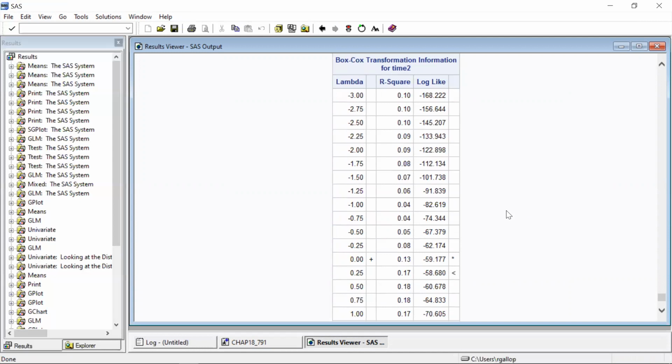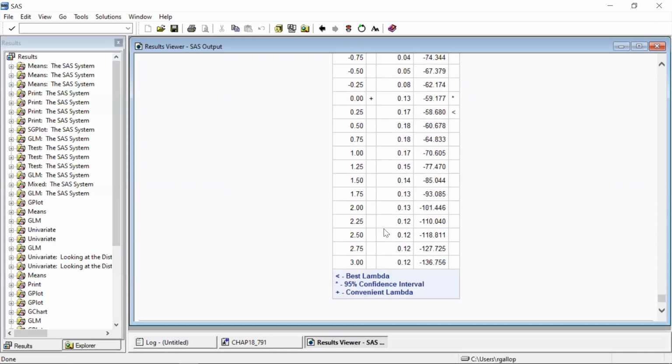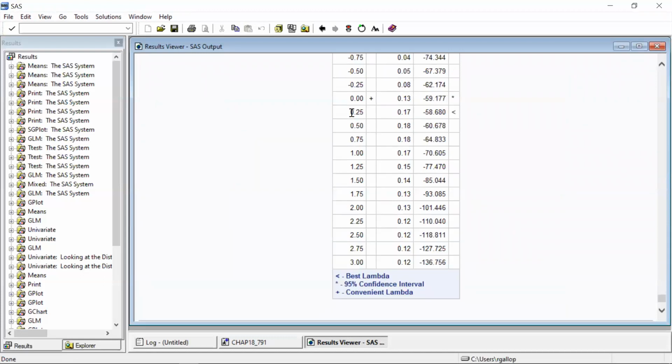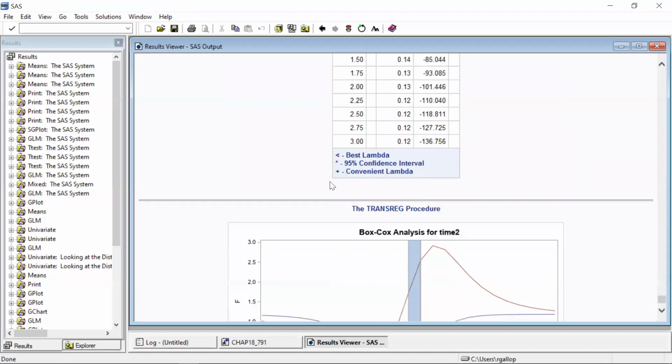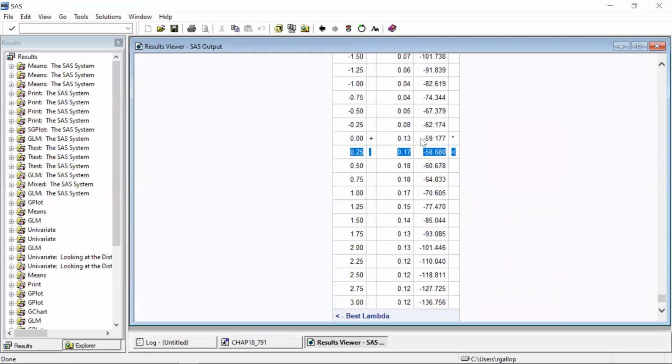In this table there are a couple of symbols: the star, the less than, and the plus. The less than is the best lambda, the one that optimizes the fit and normality of the residuals, that's the 0.25. That's what we saw in the output. The star gives a 95% confidence interval range, which again you can see is the 0.